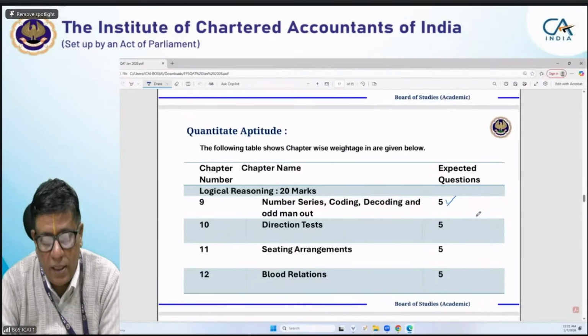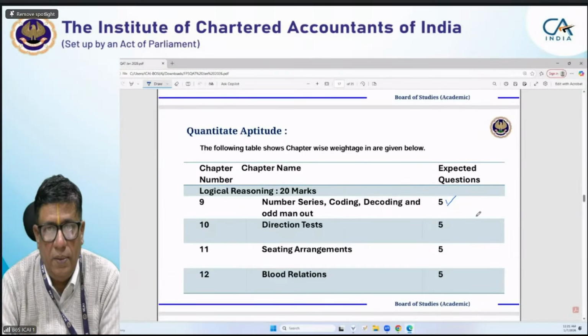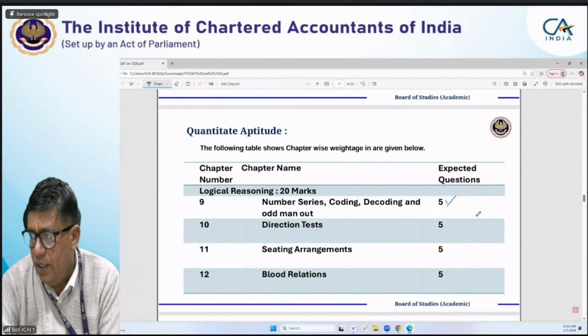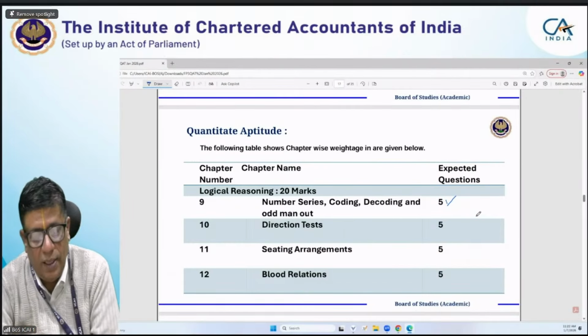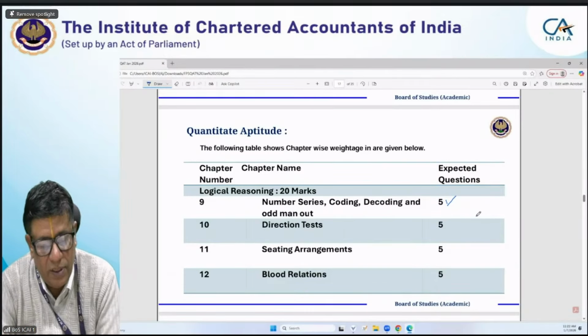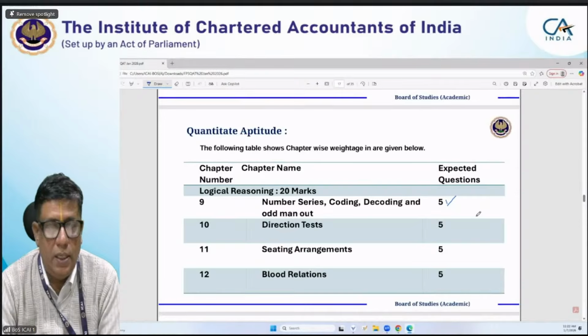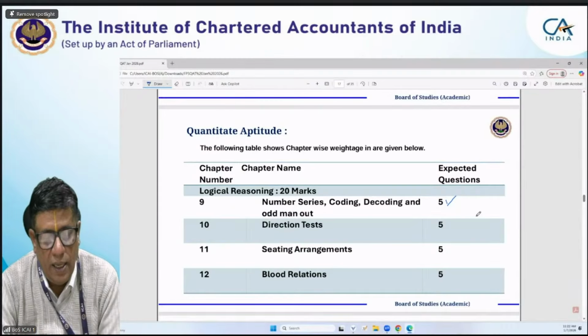Direction test is 5 marks, seating arrangements are also 5 marks, blood relations are also 5 marks. Keeping in view the importance of these chapters, you concentrate, because they are very significant in terms of exam preparation.